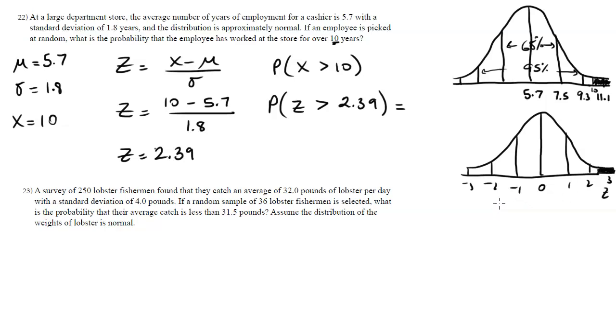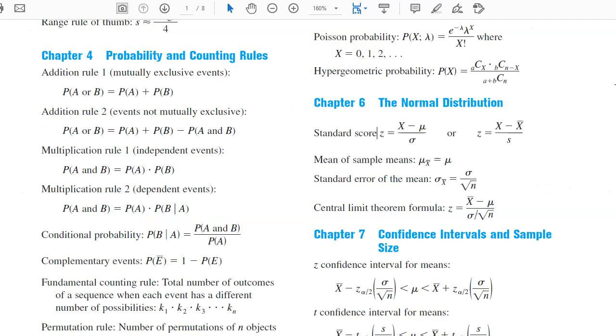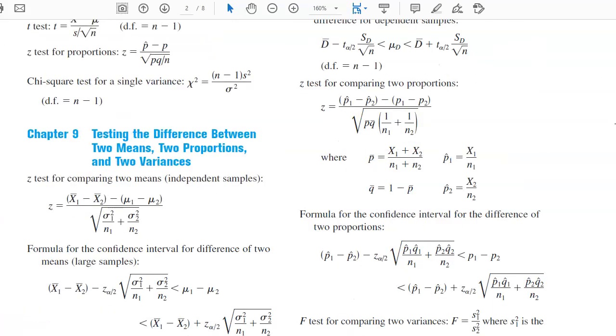And I can get that from the Z distribution table. The Z distribution table gives me the area to the left. It'll give me this area. And I can just subtract from 1 to get that smaller area. So it's going to be 1 minus whatever I get from the table. So let's look for 2.39 on our Z distribution table here.